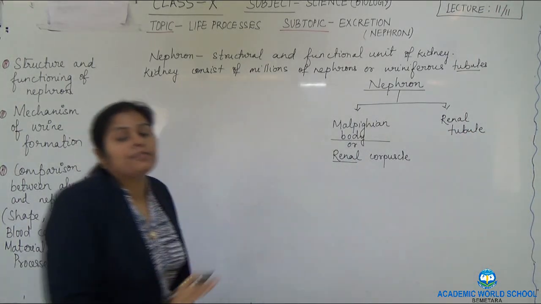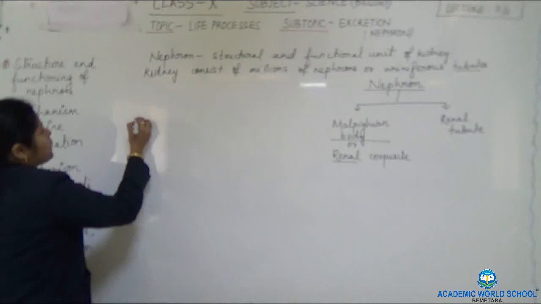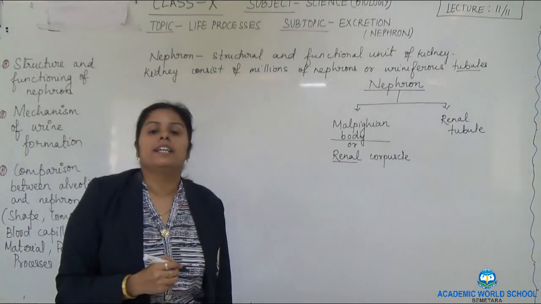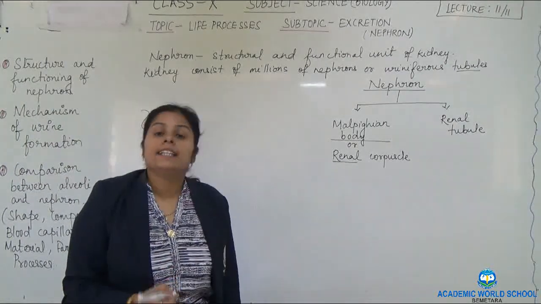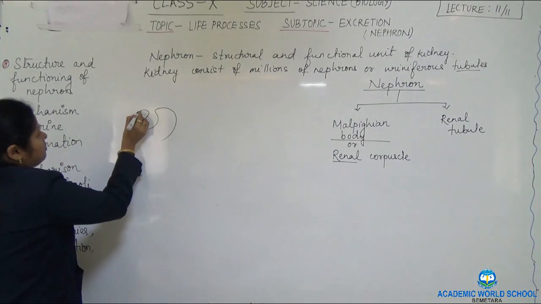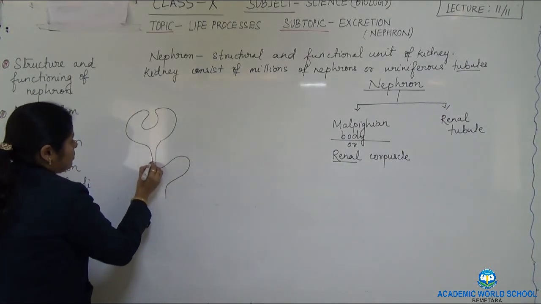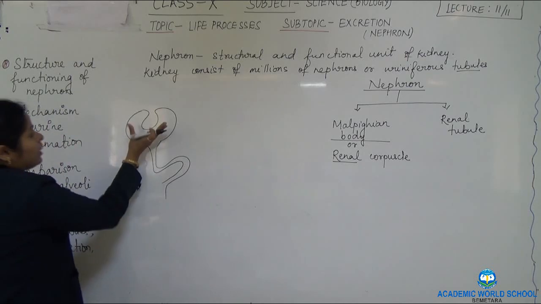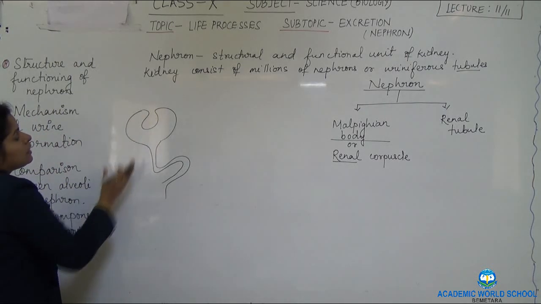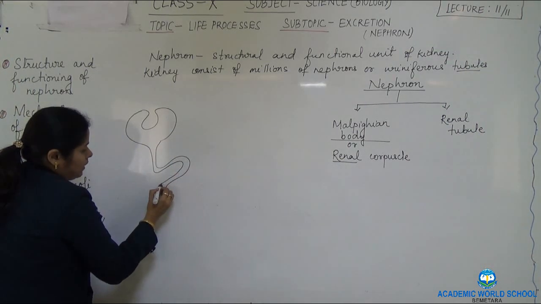To understand this, first we will see how does a nephron look like. So I will draw a diagram here. If you have not taken out your notepad yet, take it out so that you will draw the diagram along with me. In this way you will learn to make the diagram as well. Just see here, what I have drawn is a cup-shaped structure. I will tell you what this cup-shaped structure is known as, and then it extends downward, forms a first folding, right?